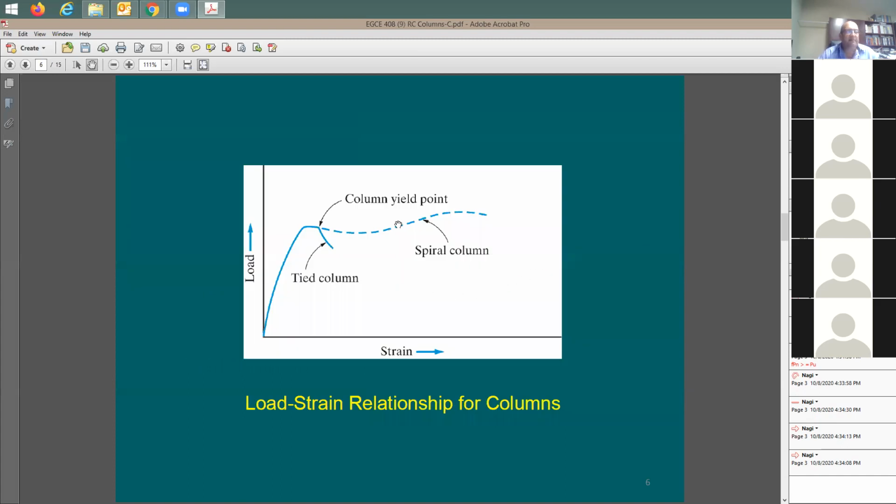Here is the load versus the strain for columns. You apply some load, you get some strain or vertical deformation. And look here, for a spiral column and tie columns, at the beginning they're going to act the same, till you get to a point. After that, the tie itself is going to start to open and the spiral is going to be continuous.